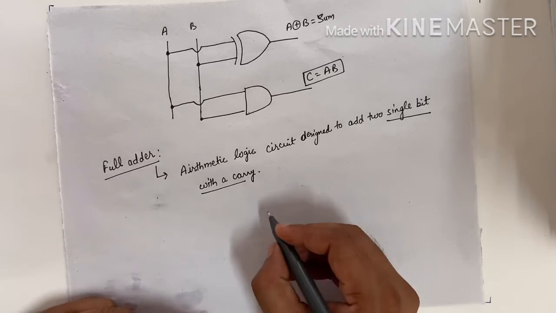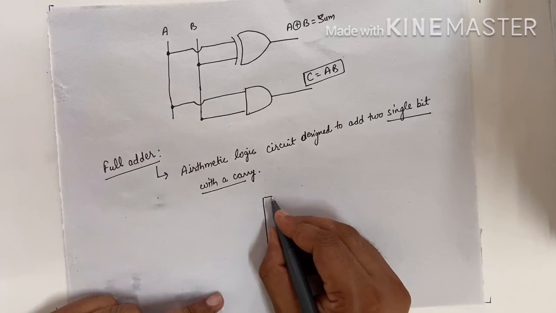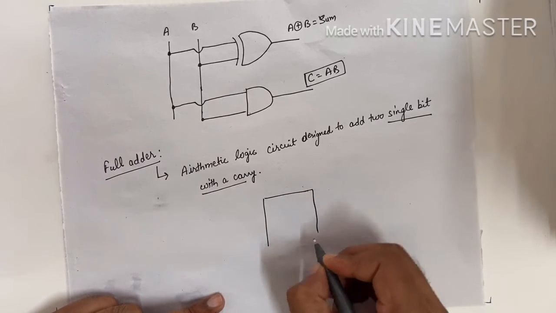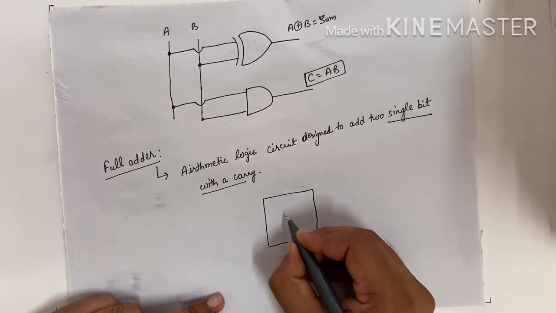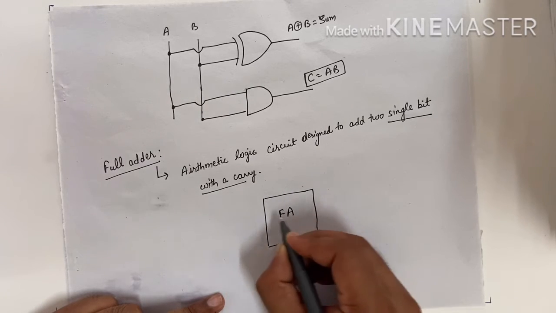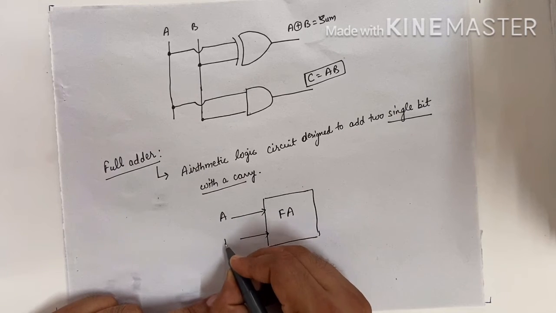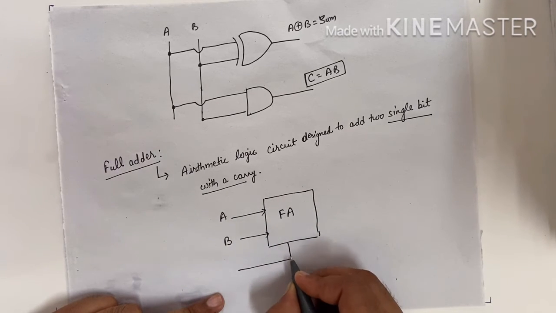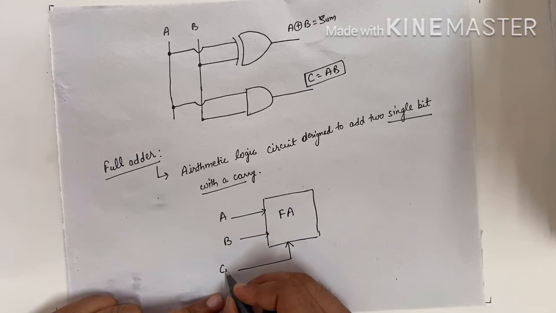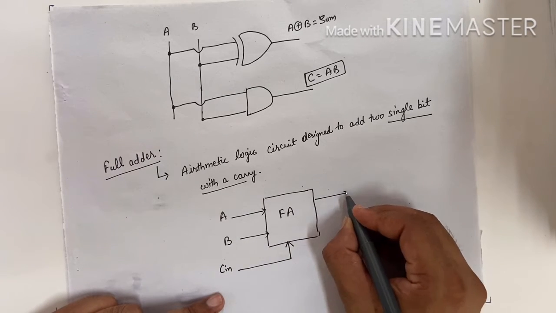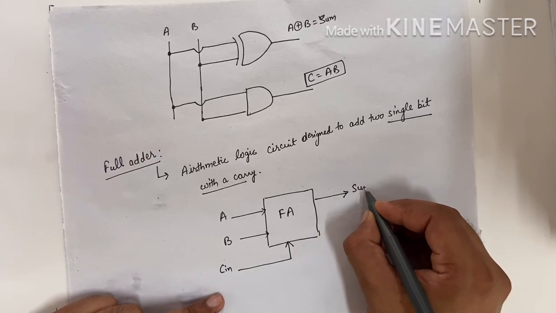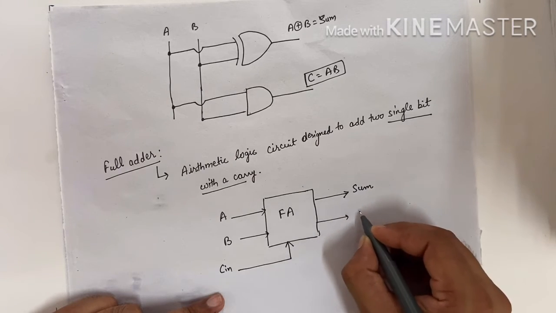Okay, so this is the block diagram of the full adder. We simply represent the full adder as FA, and this is the A input and this is the B input, and we apply, suppose, carry C input here, and the outputs are this sum output and this carry output.